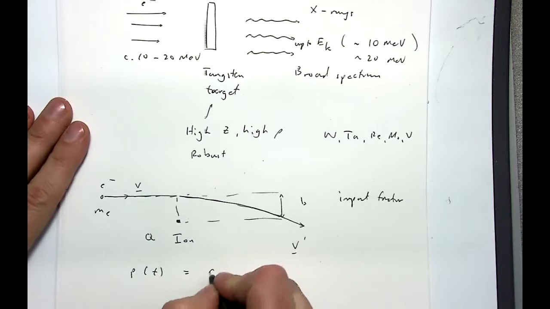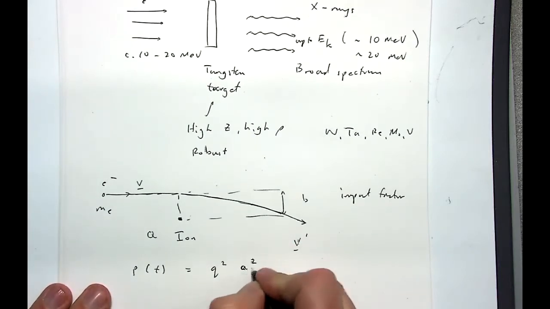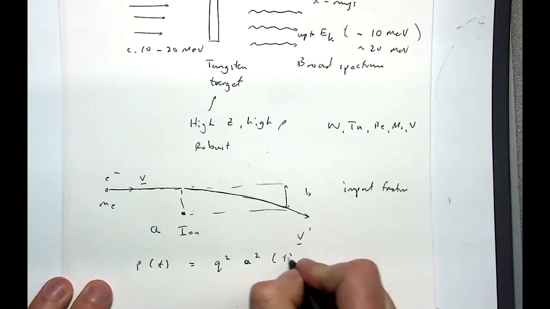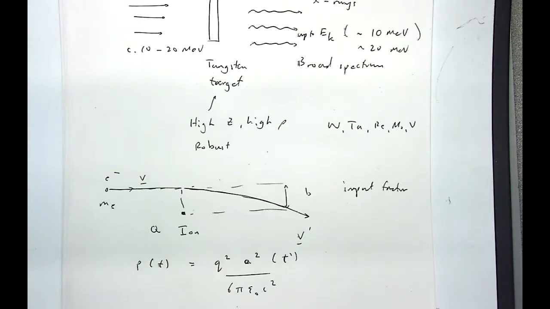It's simply equal to q squared a squared, where q here is the charge of the electron, and a is given by the force from that electrostatic force, and it varies with time. There's a retarded time, but it's just the same as it was before. And that's just the Coulomb force.